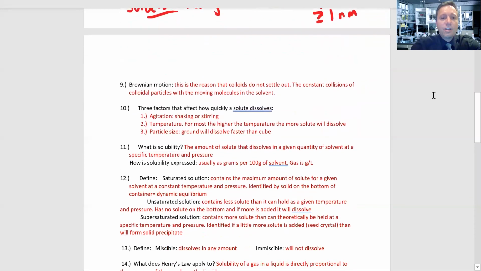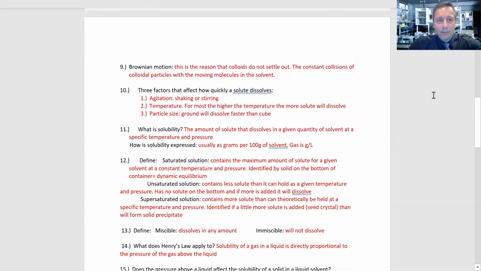All right, the Brownian effect. This is the reason why a colloid doesn't settle down. So remember, if I have a beaker here and I have a solution and I have a colloid in there, in this solvent, the molecules are constantly moving. So remember, the size is 1 nanometer up until about 1,000 nanometers.